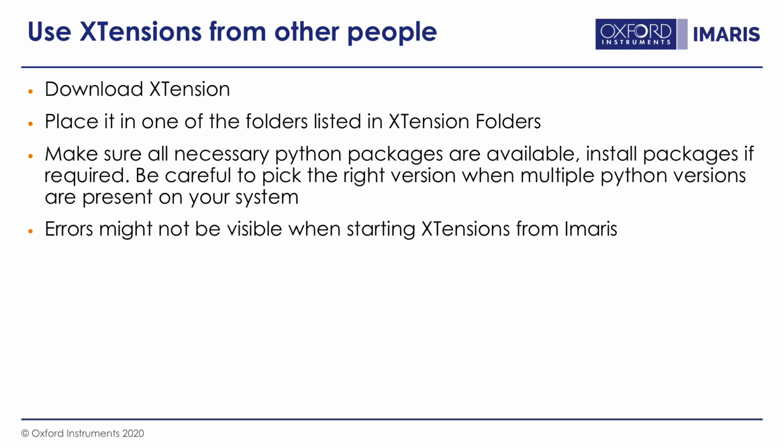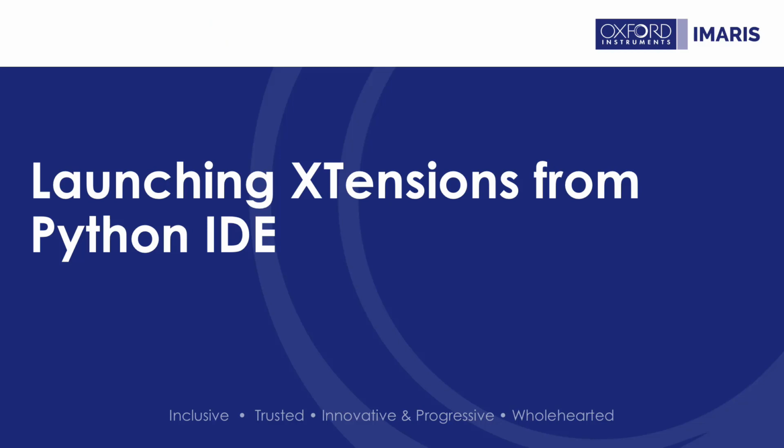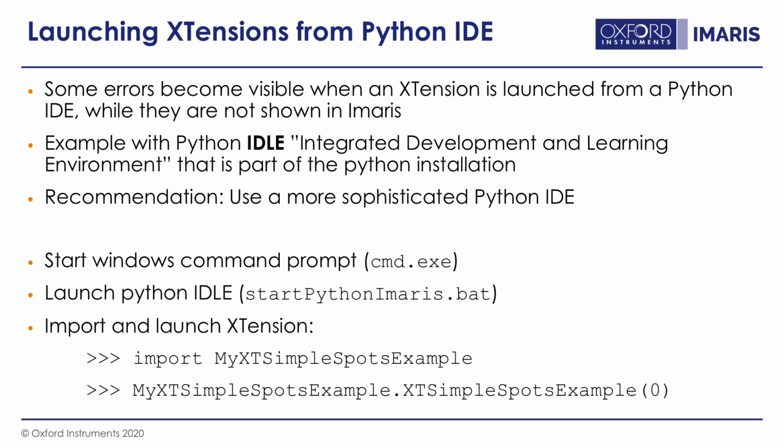Therefore, I will now go into detail how you launch an extension from a Python IDE. The main benefit of launching an extension from the Python IDE is that you see errors that you wouldn't see in Imaris.